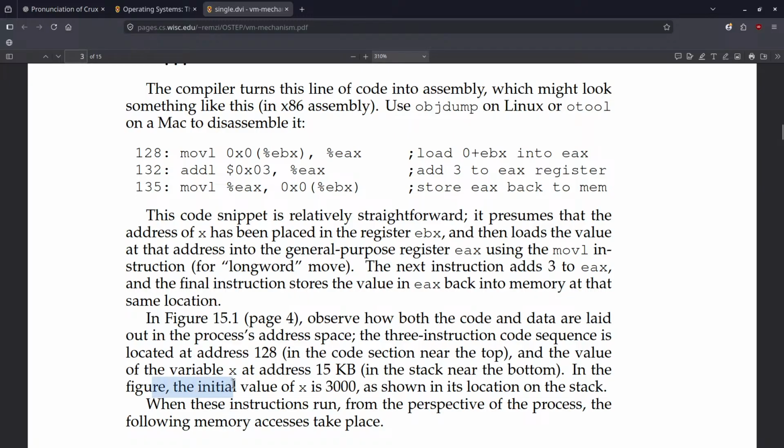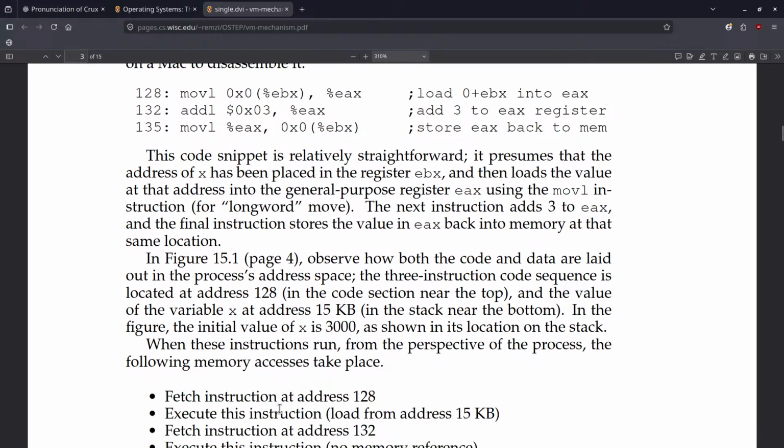In the figure, the initial value of x is shown in its location on the stack. When these instructions run, from the perspective of the process, the following memory accesses take place. Fetch instruction at address.